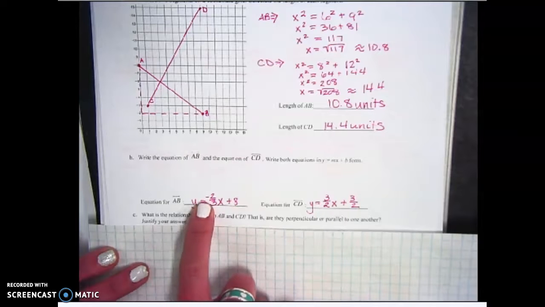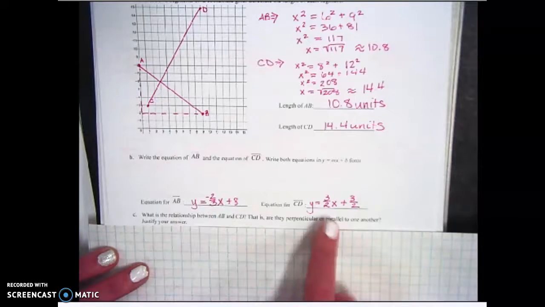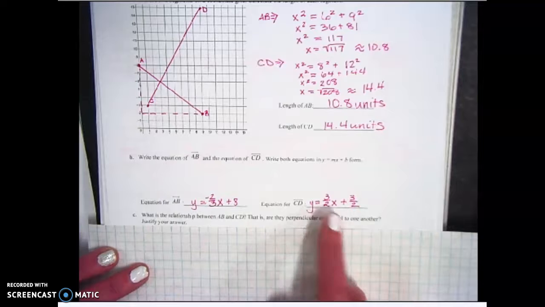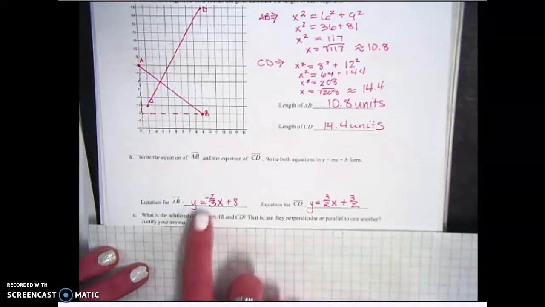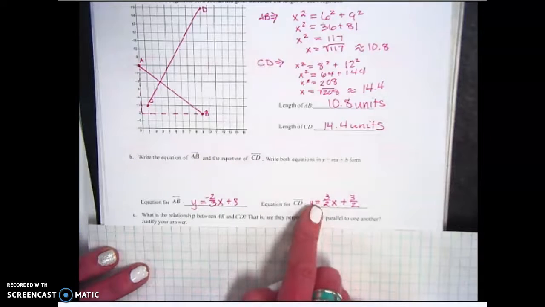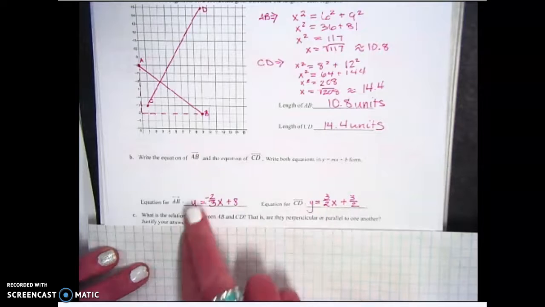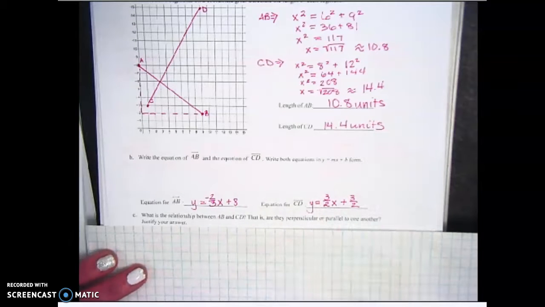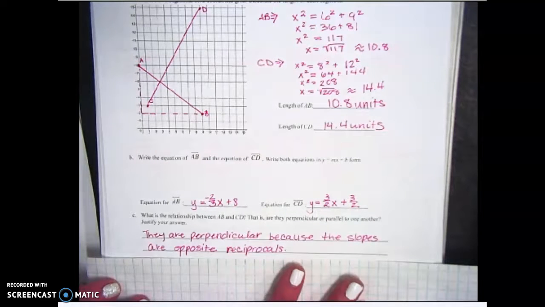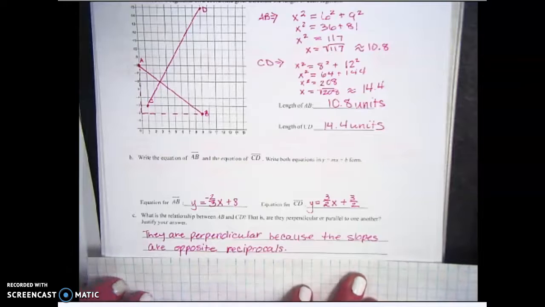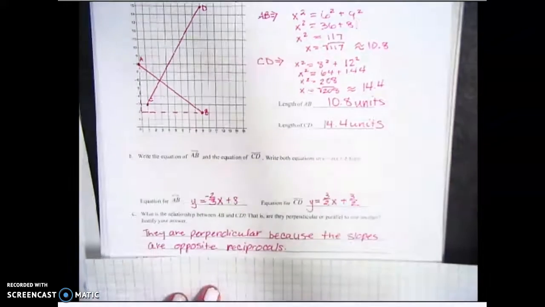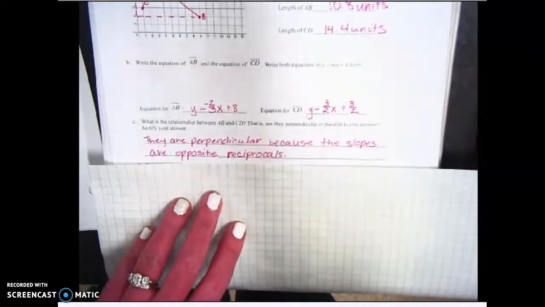What's the sign in front of this one? Negative. What's the sign in front of this one? Can't see it, but it's positive, right? So one of them has to be negative, and one of them has to be positive. And they also have to be reciprocals. That's what we call negative reciprocals. So for part C, you're going to say they're perpendicular because the slopes are opposite or negative reciprocals.